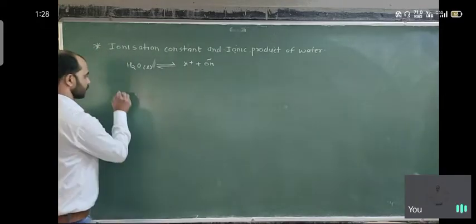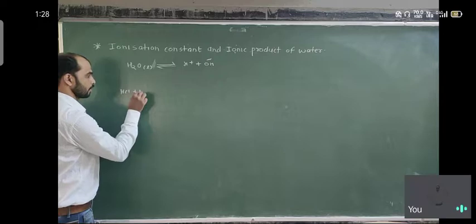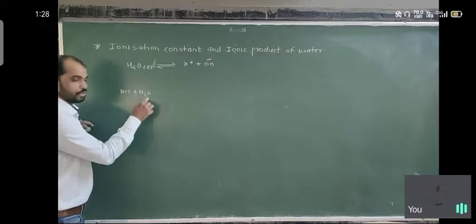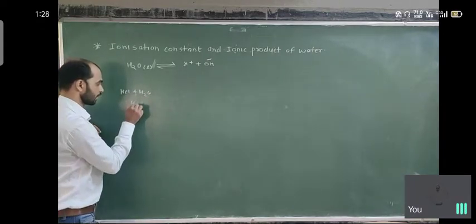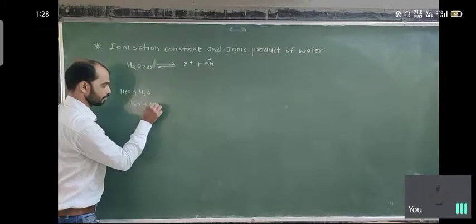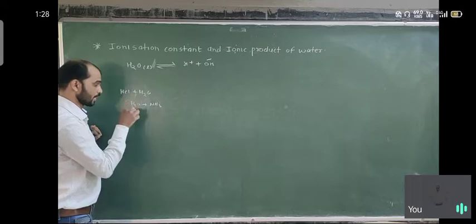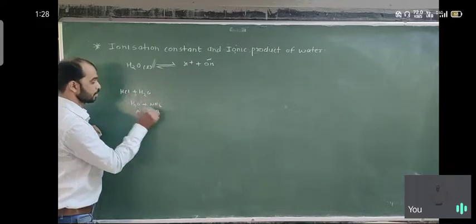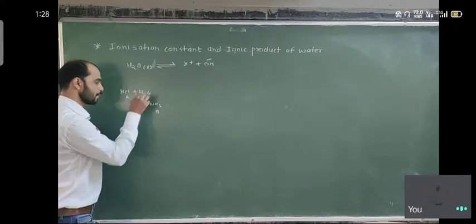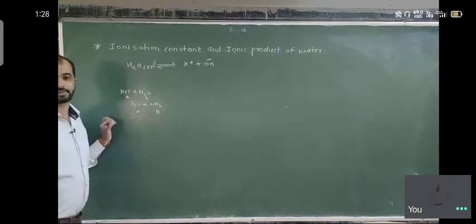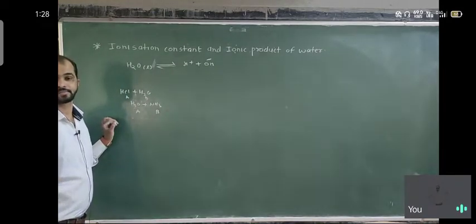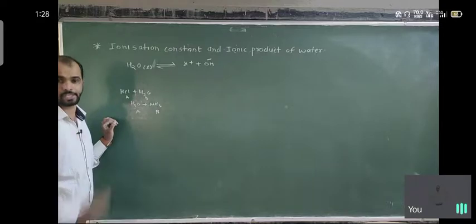Suppose you consider HCl plus water: HCl is the acid, so water is the base. If you consider H2O plus NH3: NH3 is the base, so water is the acid. So water behaves as an acid as well as a base. This is amphoteric in nature.